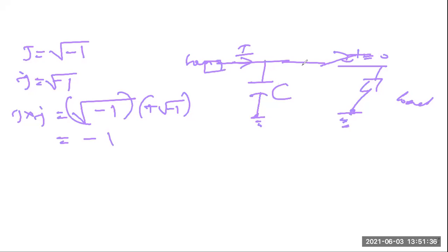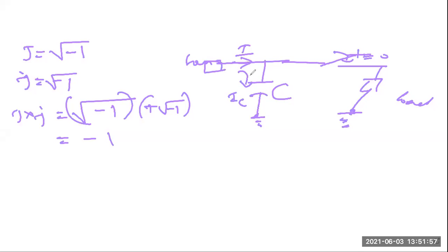Yes, sir. So which current will flow? Charging current, sir. The charging current. We have to understand the capacitor will always draw charging current. It will continuously flow and charge this capacitor till it is fully charged.